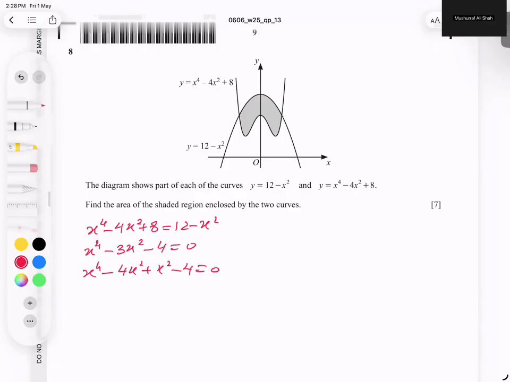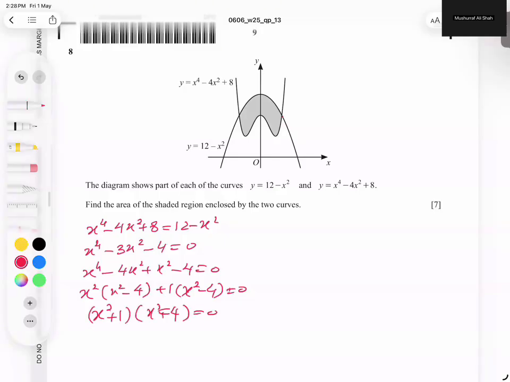I will take x squared common: x squared minus 4 is left, and plus 1 common. I'm getting x squared plus 1 and x squared minus 4.